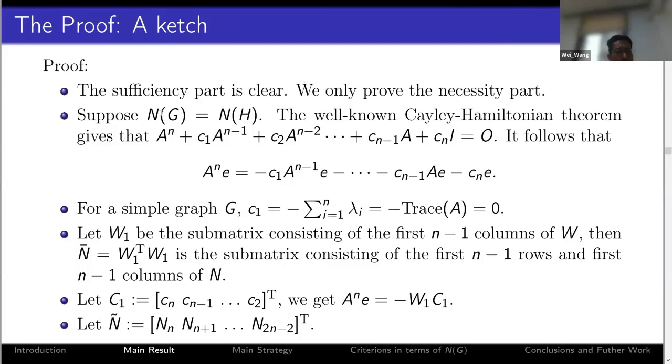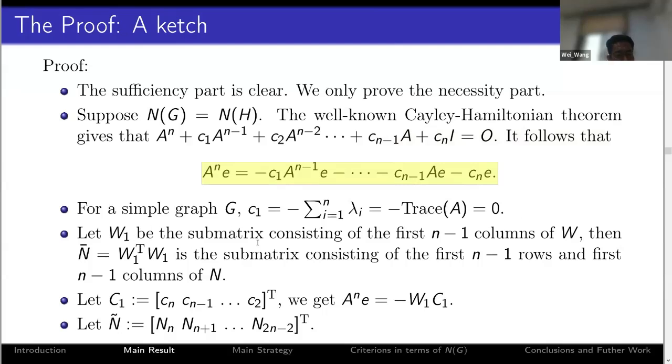Suppose N_G equals N_H, because we already know N^k_G equals N^k_H for every k if and only if N_G equals N_H. We use the Cayley-Hamilton theorem, then we get this equation. Here we use the fact that G is a simple graph, so c_1 is equal to minus the trace of A, which is equal to 0.